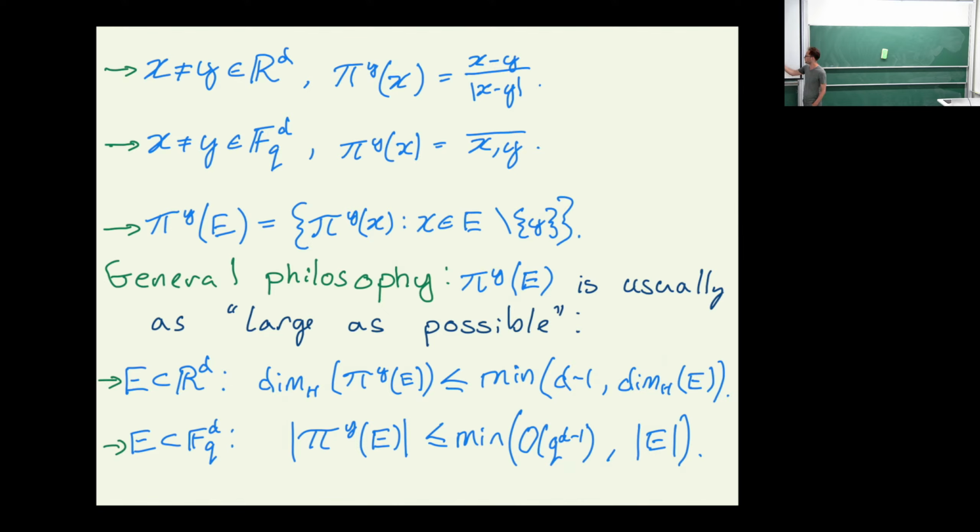So in the finite case, we control the cardinality of E. In the continuous case, we control the Hausdorff dimension of E. For this question, there is a very clear analogy, and it does seem to hold through most of the results. At least all the ones that I'm going to talk about today, the analogy works the way that you hope it would from the start.